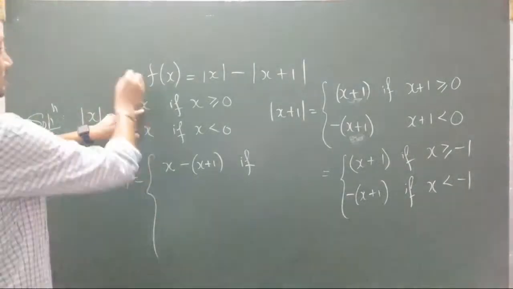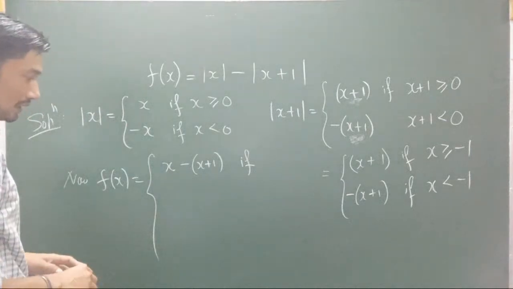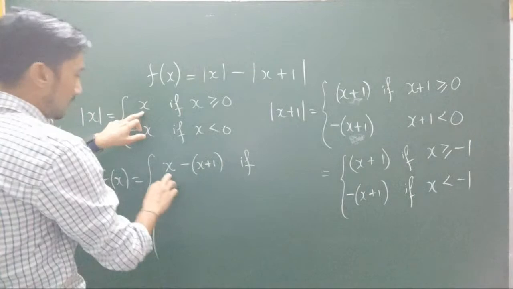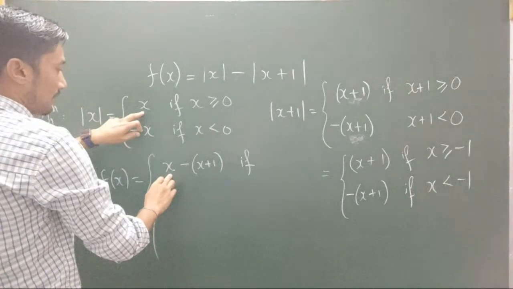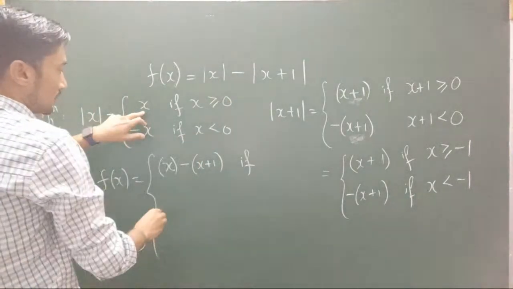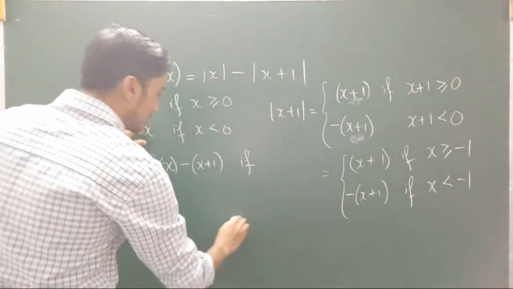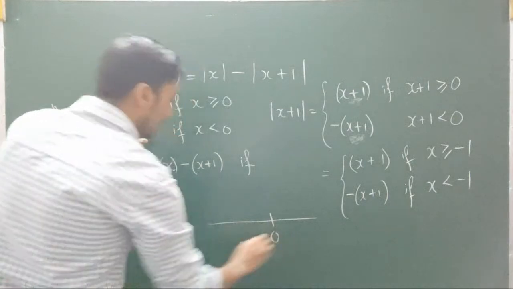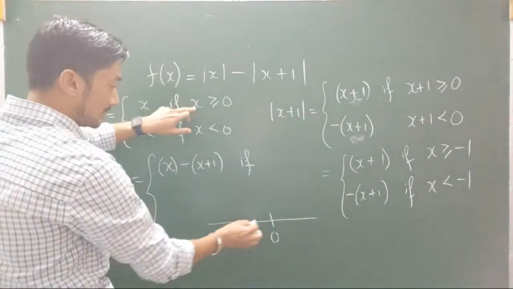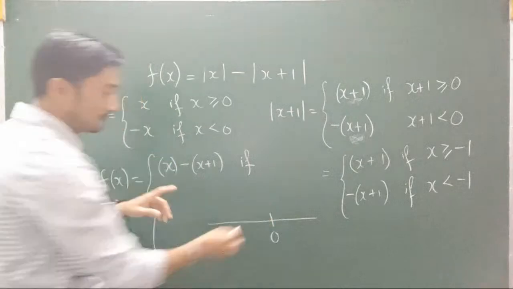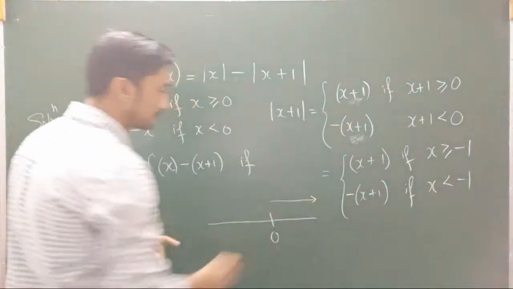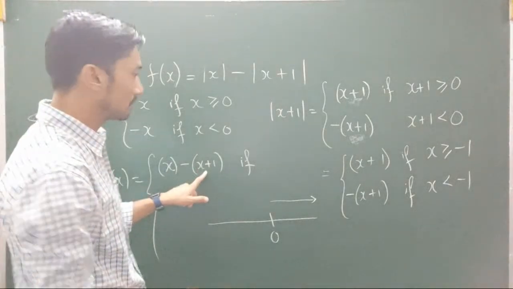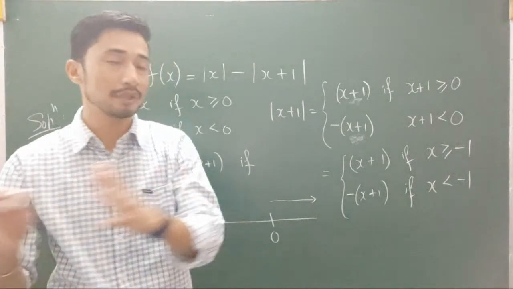Now you see, here x is positive. Are you with me? Listen. Here x is positive. We are combining because of the minus. So I'll just draw the number line. Look carefully. 0. Here x is positive if x is greater than 0, this side. And this one is also positive. I'm combining the positive and positive. I'll combine the negative and negative.